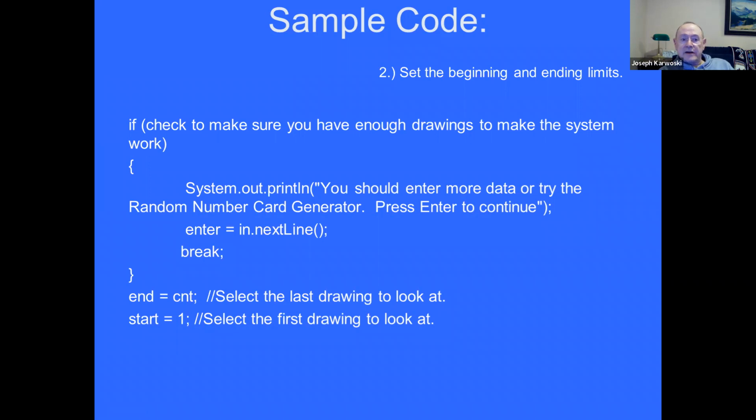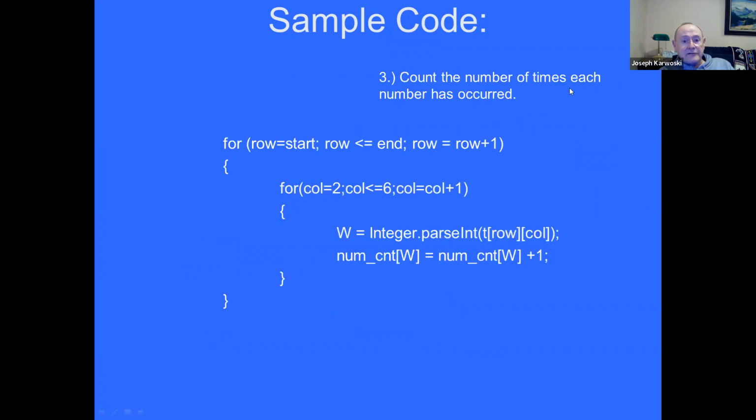Okay, step 3. Count the number of times each number has come up. For row equals start to end. So I'm going from the beginning. If I'm doing the last 10, I'm going to go from 41 to 50, if that's what I have. Okay, start would have been 41, end would have been CNT, which I'm just going to say is 50.